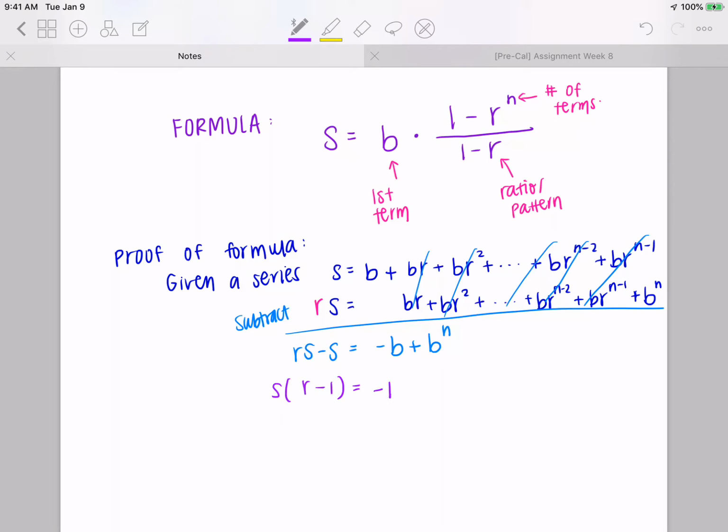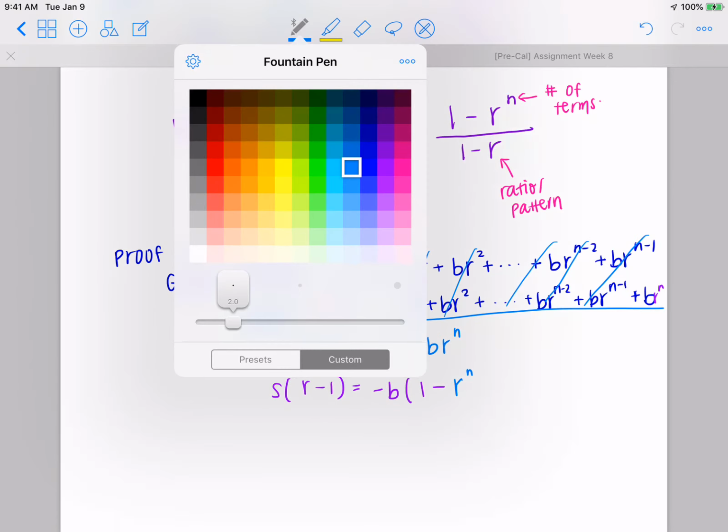So I'm going to factor out negative B, which is going to give me 1 minus, wait, hold up. Oh, it's BR to the n. Oops, right here. This is BR to the nth power. Okay, now it makes more sense. And if I take out a B, I get 1 minus R to the n power.